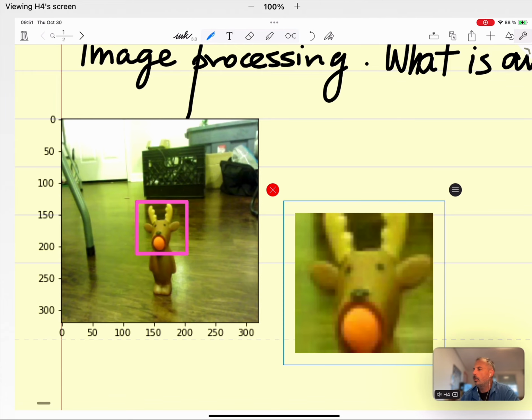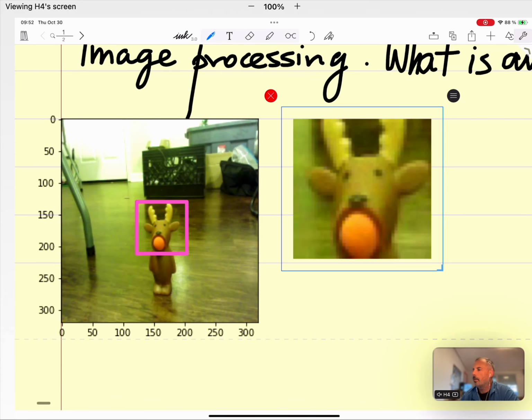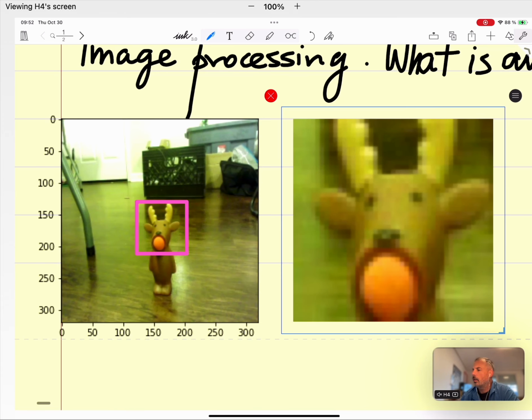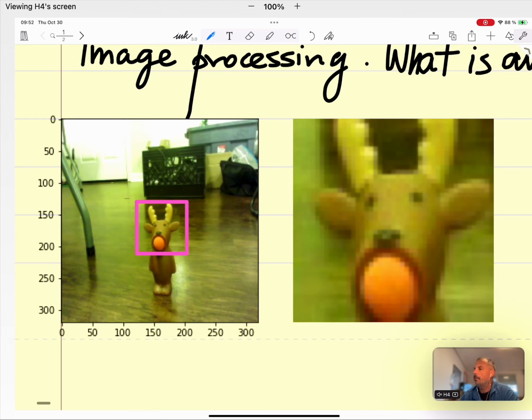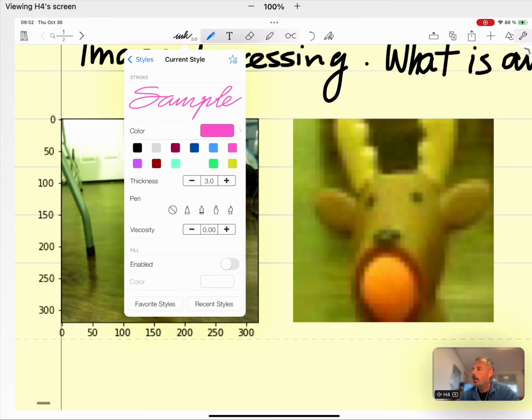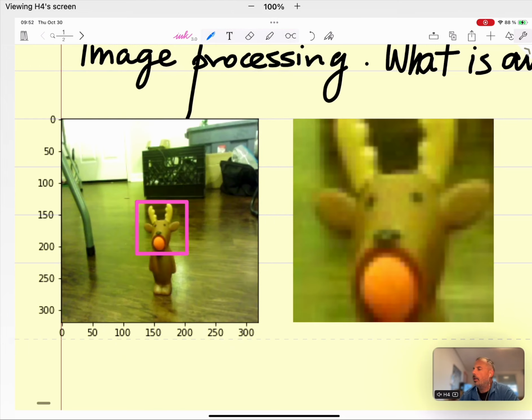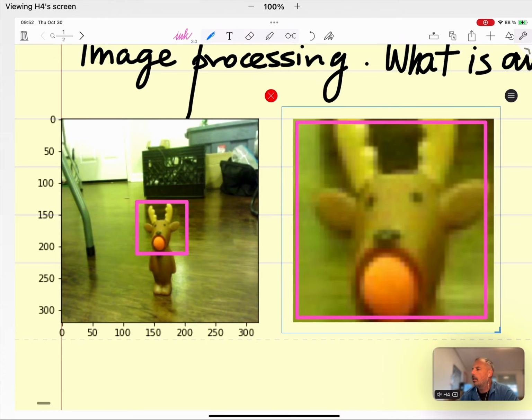I'll make it bigger so that I can make my point.